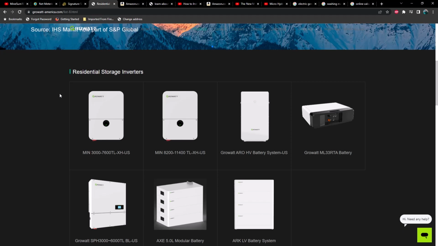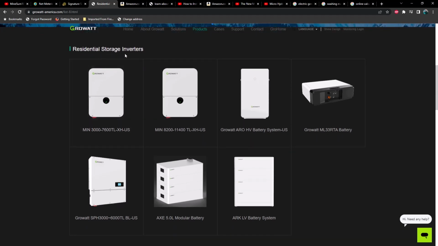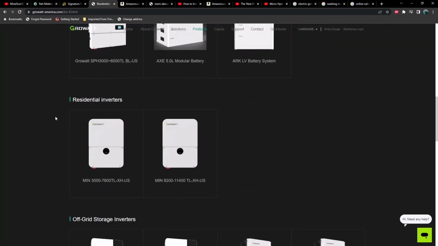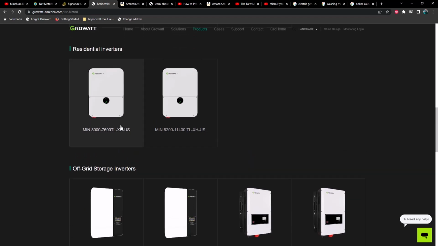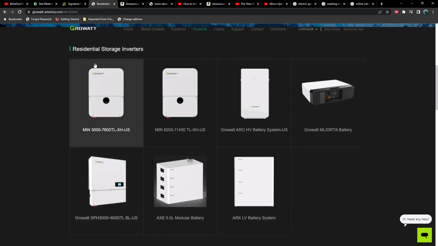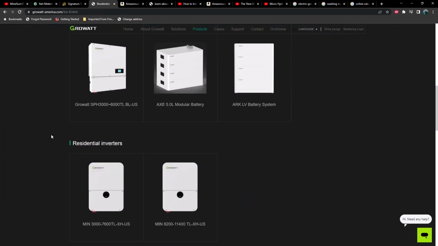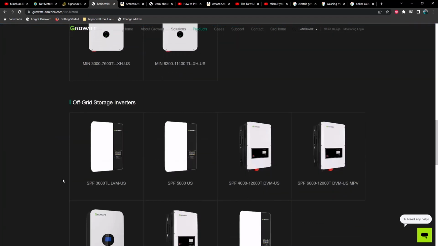So taking a look at their website here, we've got residential storage inverters, and then we've also got off-grid storage inverters. Now, in the residential storage inverters, what you're looking for is this prefix here, MIN. I'm not exactly sure what the MIN stands for, but I do know what it means is it's a grid tie inverter, and it's not an off-grid inverter.